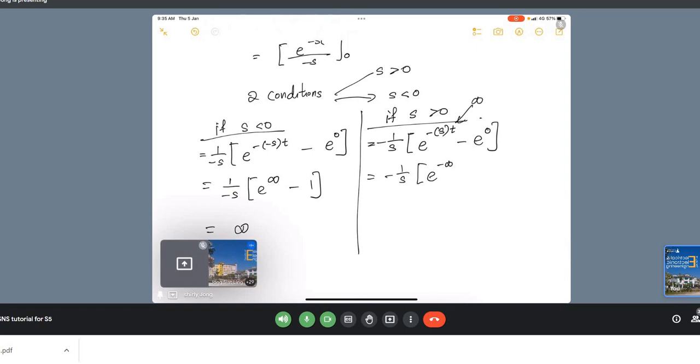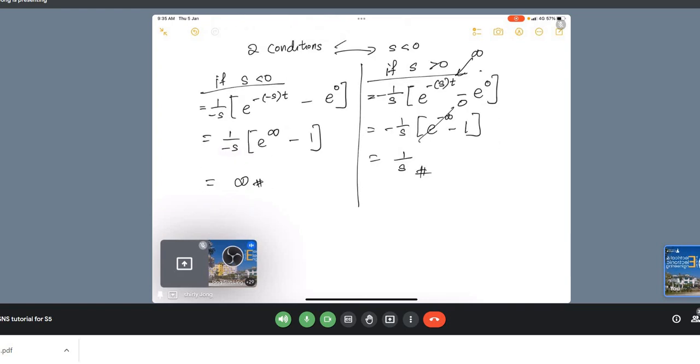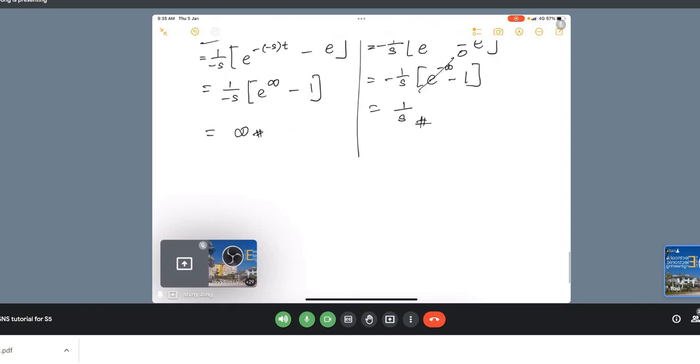So negative infinity, minus 1. So this one you will get 0, and you get positive 1 over s. You can see that there are two different answers for s more than 0 or less than 0. Then lastly, you write out the final answer.